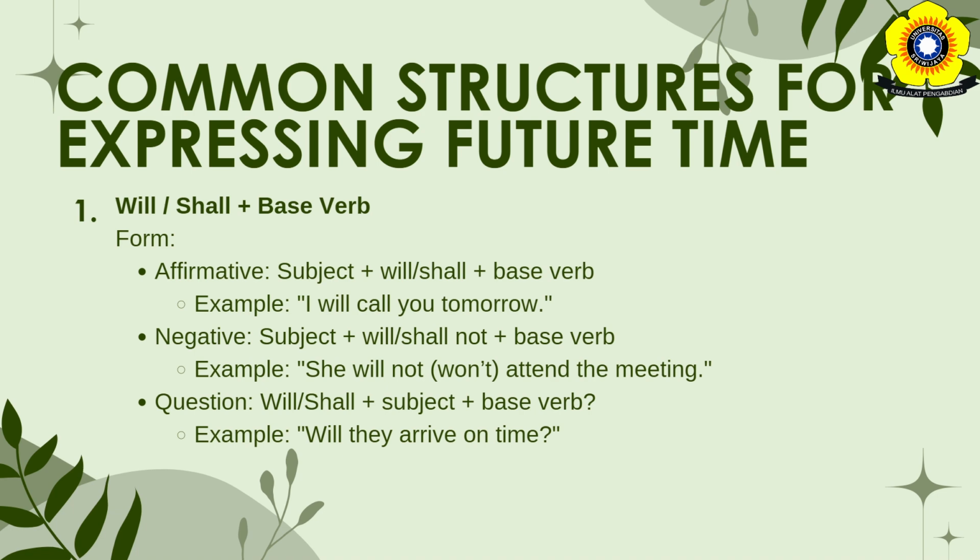Example: I will call you tomorrow. Negative: subject plus will or shall not plus base verb. Example: she will not attend the meeting. Question form: will or shall plus subject plus base verb plus question mark. Example: will they arrive on time?